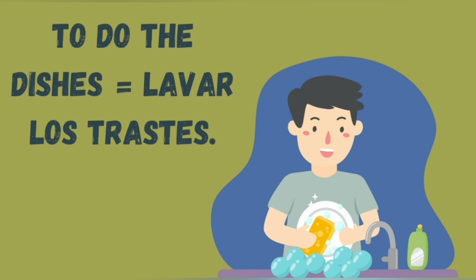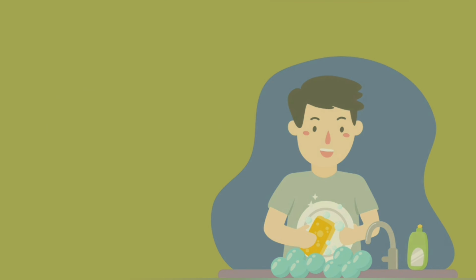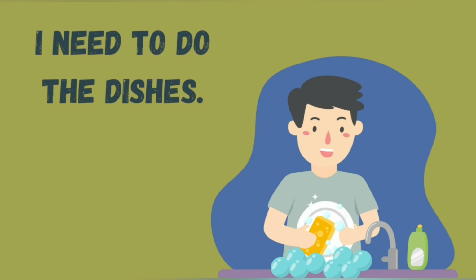Now we have this routine to do the dishes. In Spanish, we're going to say lavar los trastes. And we have this example with this sentence. I need to do the dishes.